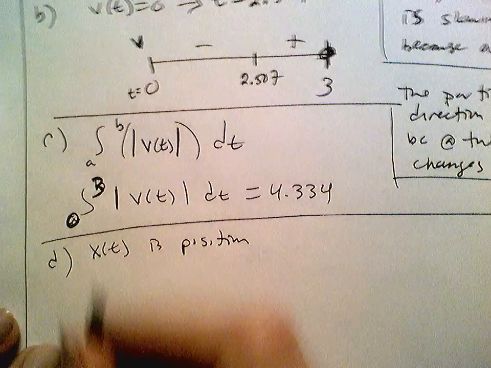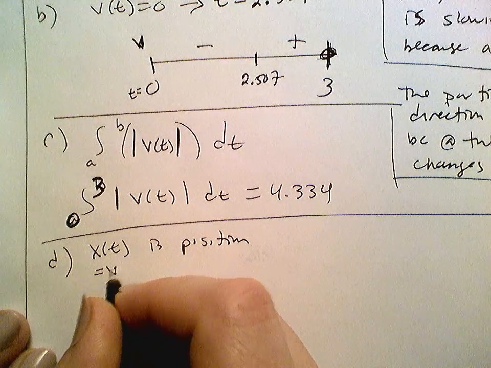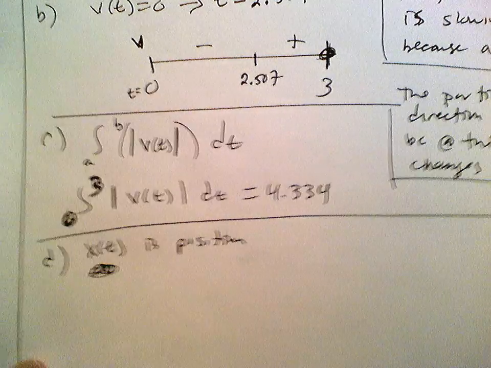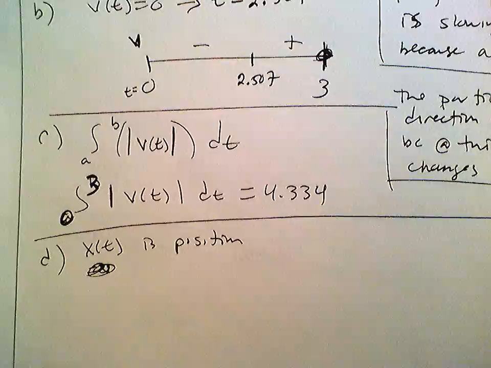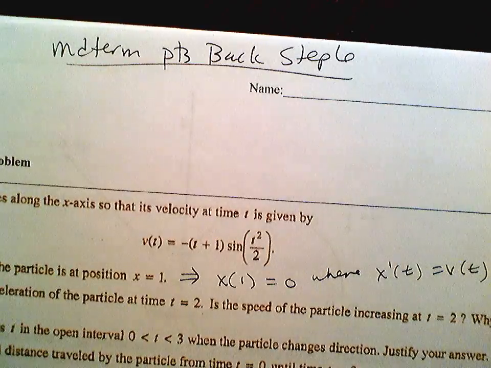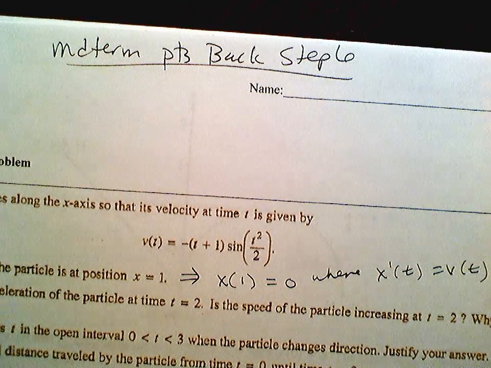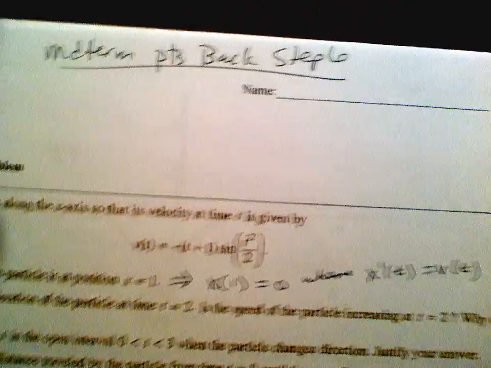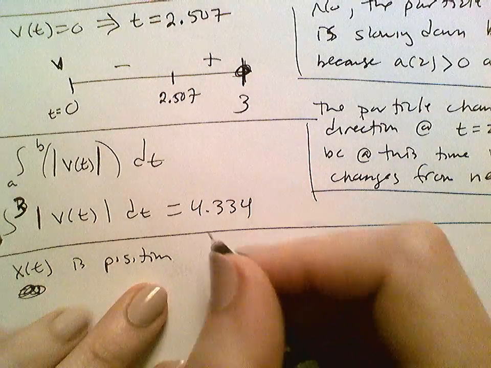This is the antiderivative of velocity, but you don't know how to find the antiderivative of this function. You can't do it. It will not work. We have no techniques for it. We have no definitions for it. So you need the antiderivative as an integral, or with an integral formula.